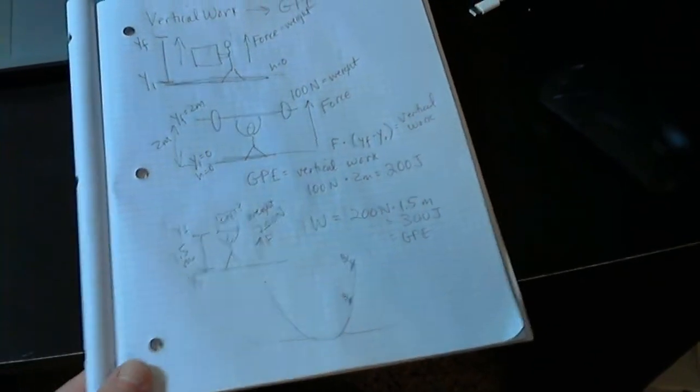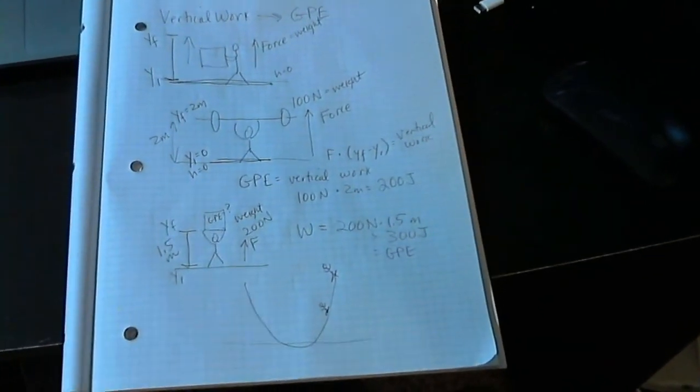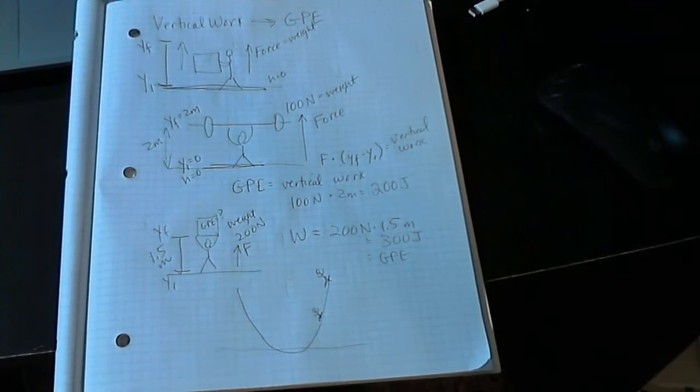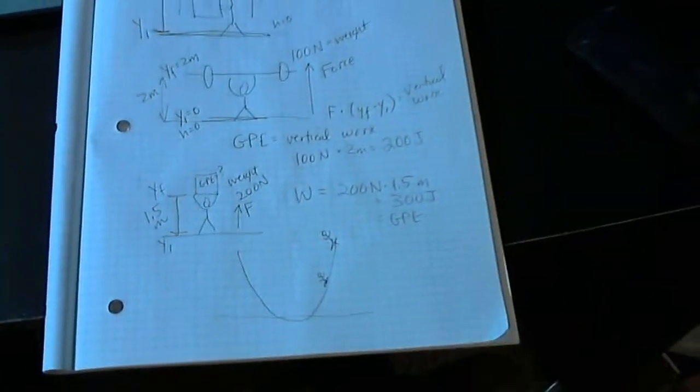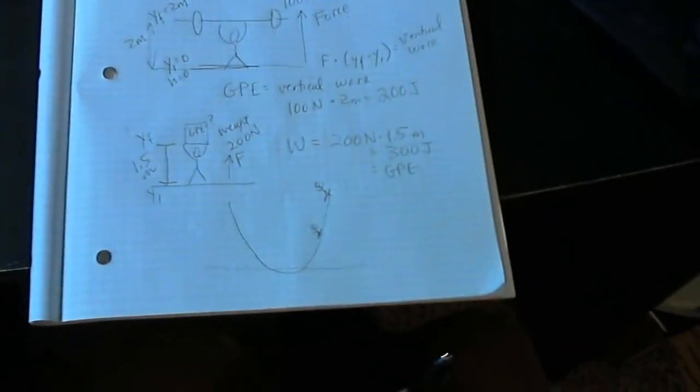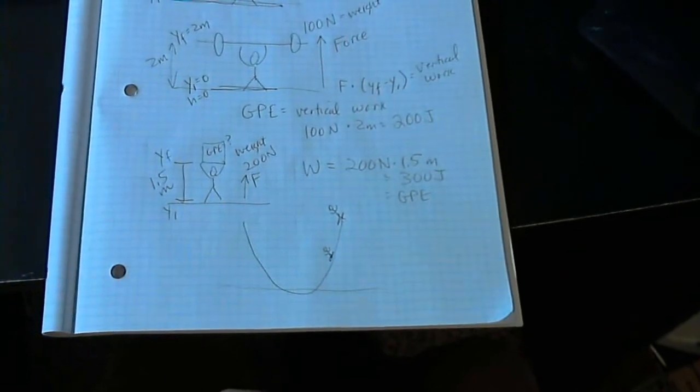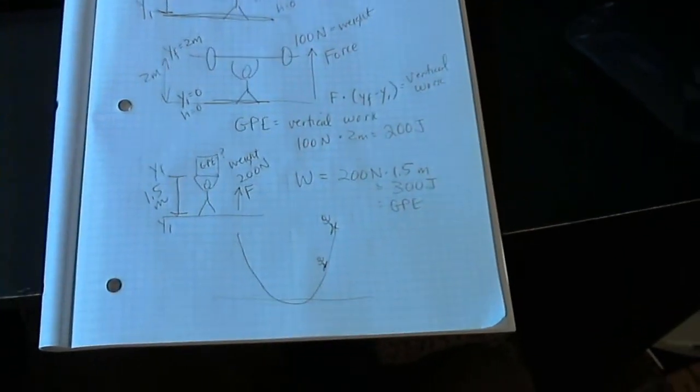That all kind of makes sense. Let me zoom out here so you can see the whole picture. Again, at a more advanced level, we can get other forces involved. We can get some angles involved, etc. But we don't need to do that right now.